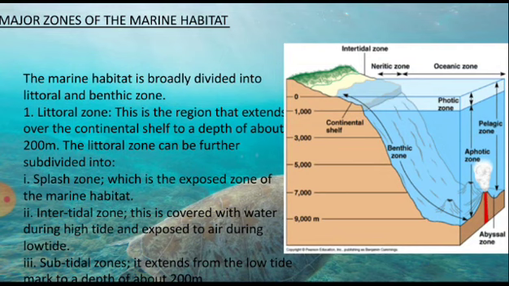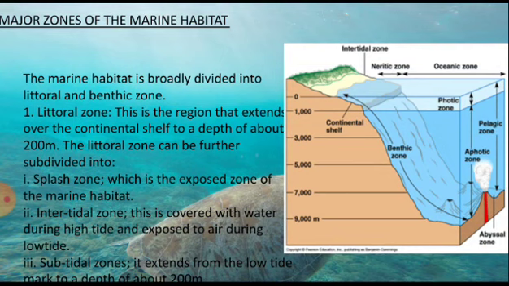The littoral zone is a region that extends over the continental shelf to a depth of about 200 meters, and it can be further subdivided into the following: the splash zone, the part of the zone exposed, the intertidal zone. This is covered with water during high tide and exposed to air during low tide. The subtidal zone extends from the low tide mark to a depth of about 200 meters.